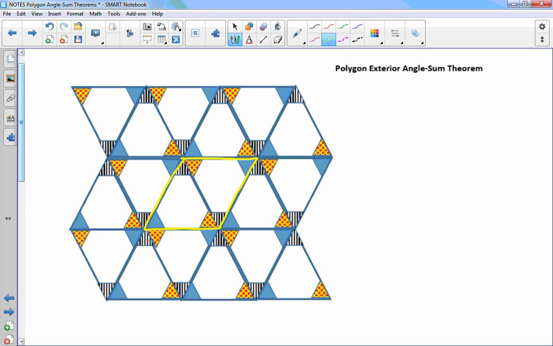The front page is all about interior angle sum. Now we're going to look at exterior angle sum. Exterior angles come from extending each side in one direction. So I'm going to take the top and extend it only to the left. You don't extend it both left and right.